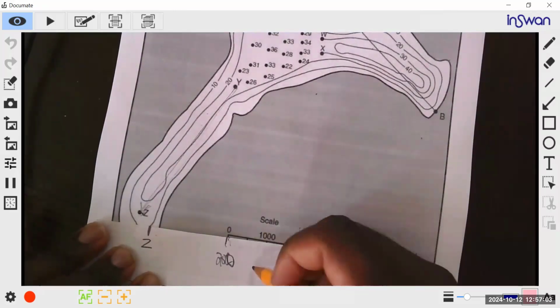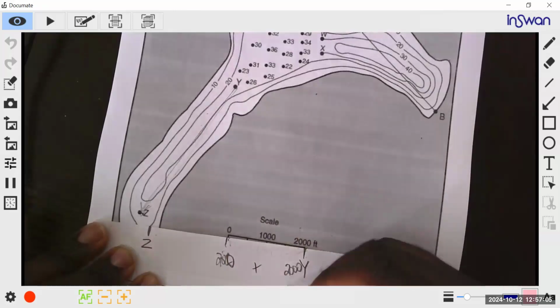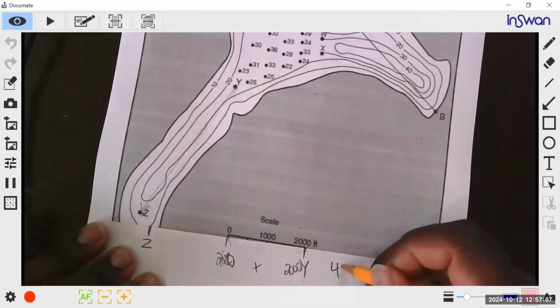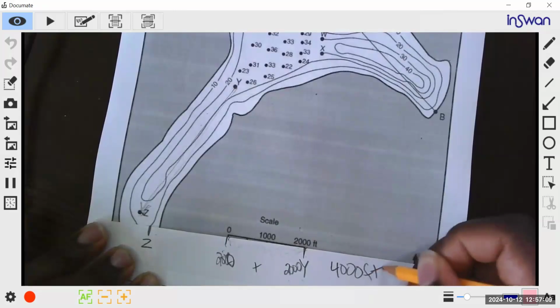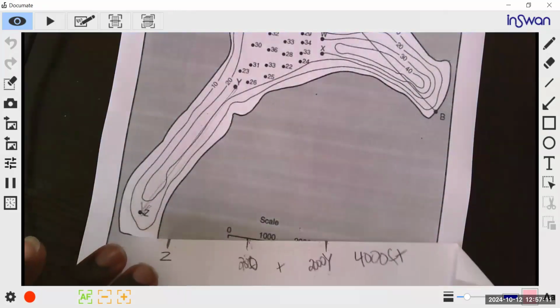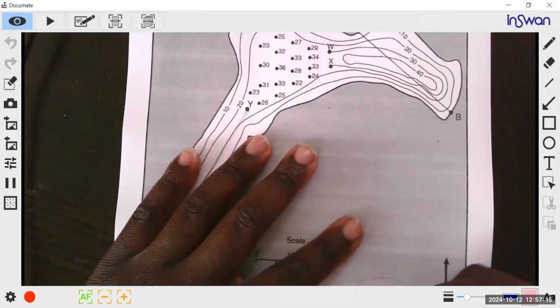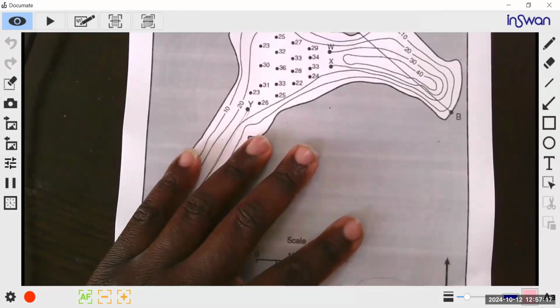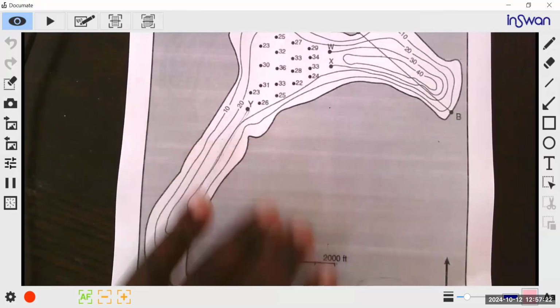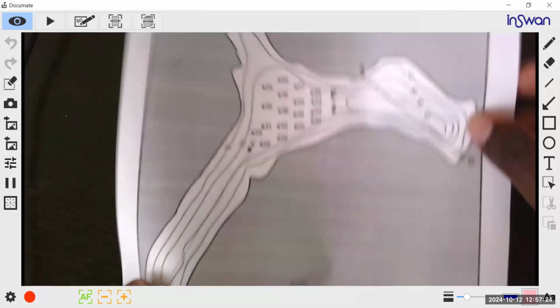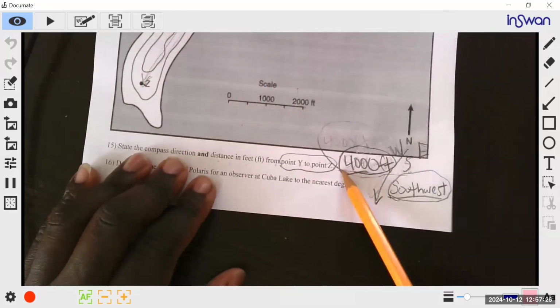And take a look, 2,000 plus 2,000 gives me what? 4,000 feet. So therefore, my correct answer is going to be 4,000 feet as my distance, and my direction from point Y to point Z is going to be southwest.